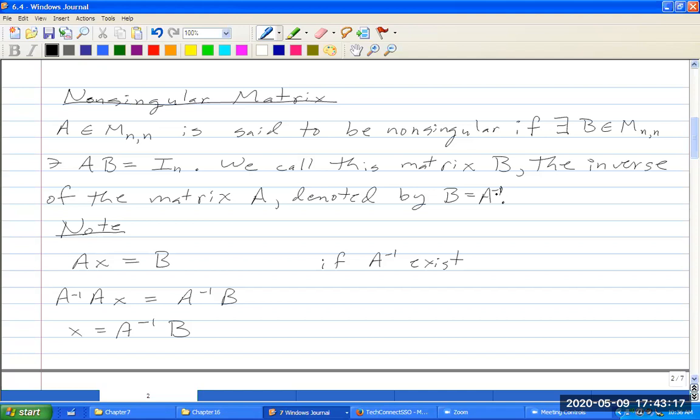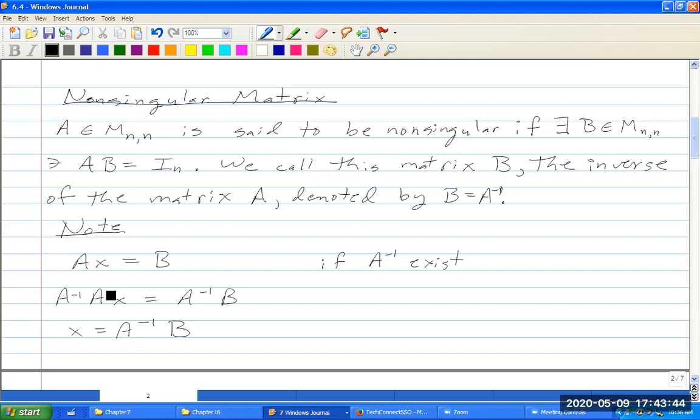Suppose A is a coefficient matrix, and X is the variable matrix, and A times X is equal to some non-homogeneous matrix B. Then I can multiply both sides of my equation by A inverse if A inverse exists. A times A inverse is just equal to the identity element.